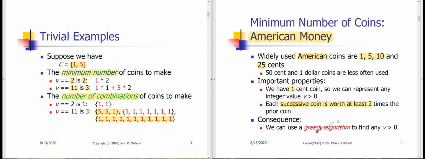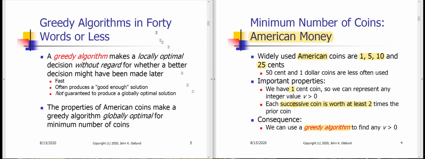The importance of this is that we don't need to resort to a dynamic programming algorithm for making change with American coins. We can use what's called a greedy algorithm, which is faster. And now I'm going to tell you everything you need to know about greedy algorithms in 40 words or less. Okay, so basically a greedy algorithm at each step makes what appears to be the best possible choice at the moment.